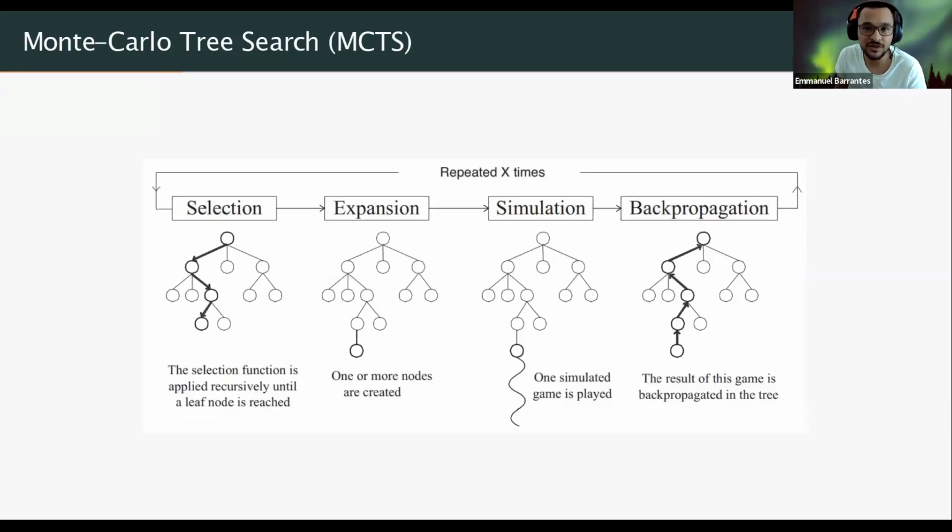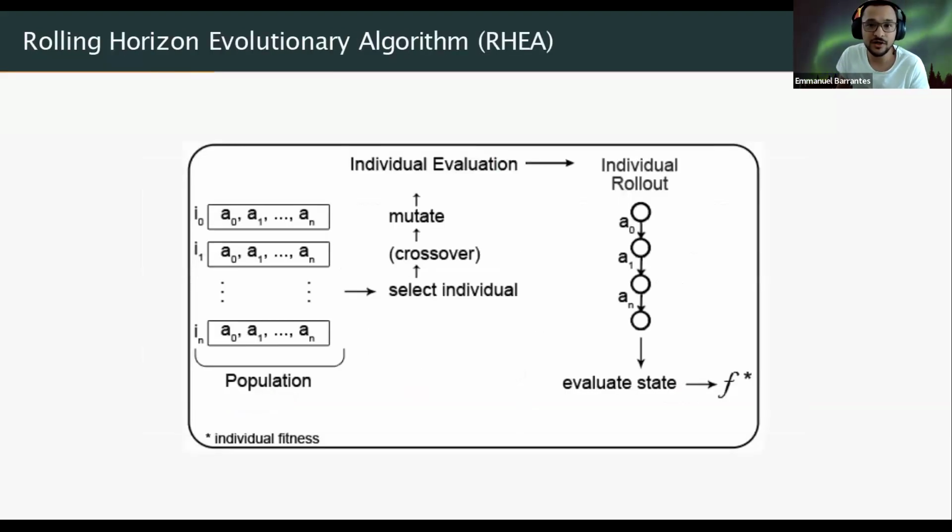The Monte Carlo tree search technique, or MCTS, is a search method based on Monte Carlo. MCTS employs stochastic simulations to make decisions about moves. The process consists of 4 steps: selection, expansion, simulation, and backpropagation. Evolutionary algorithms are techniques inspired by biological processes such as reproduction, mutation, and selection.